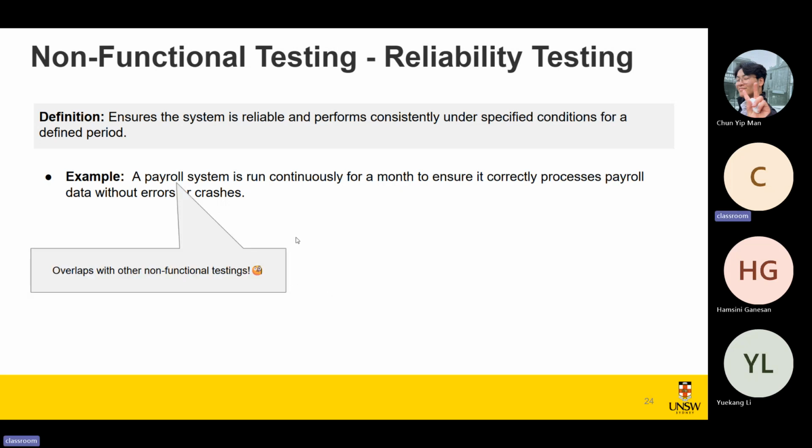However, with this reliability testing, as you can see, all the other metrics are related to a particular property of the software, and reliability is more about observing the system during a period of time. And this actually overlaps with other functional testing, because when we are observing whether there are problems or not, we can observe for performance issues, downtime, uptime, and all those kinds of things.